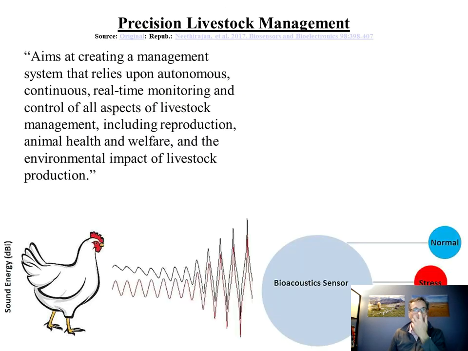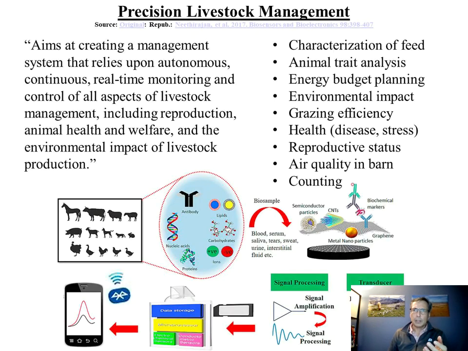And ultimately, we're trying to ensure that we're improving the welfare of the animals and optimizing the efficiency of their production. And so here's a few examples of how you can be using different kinds of sensors to help you with your livestock management system.